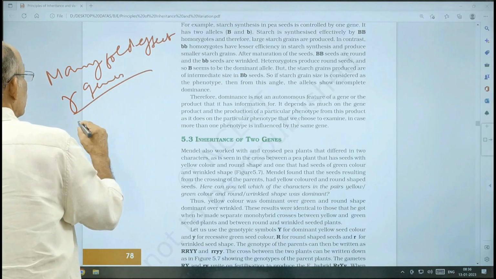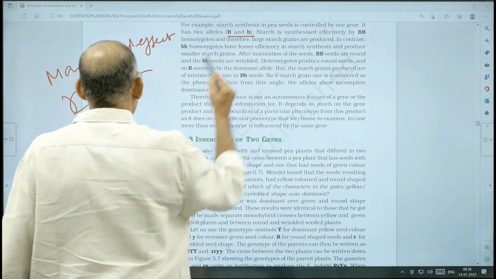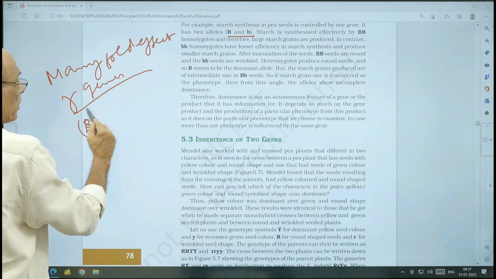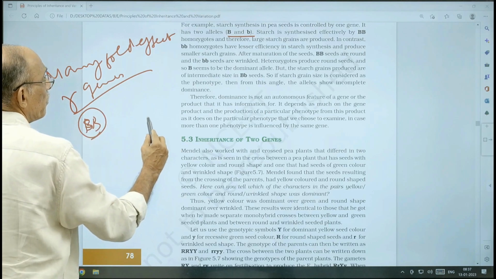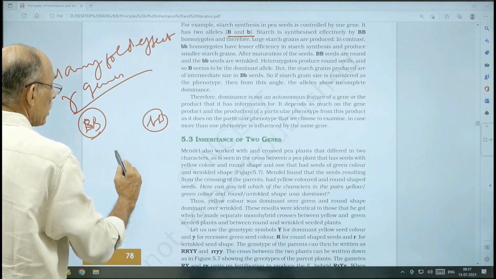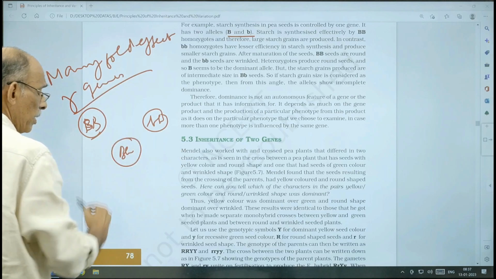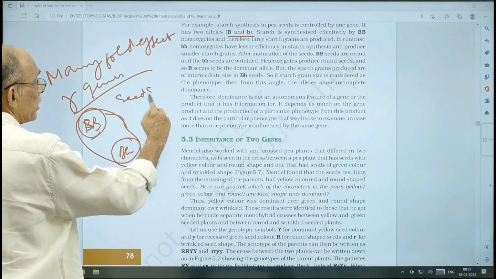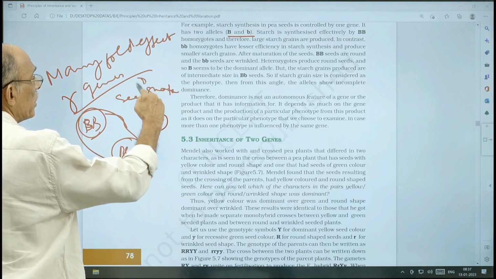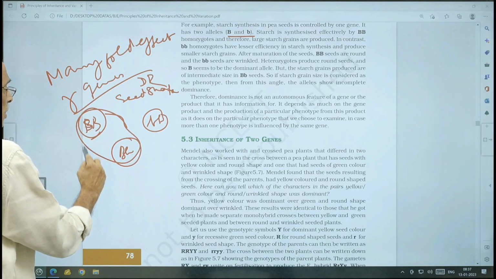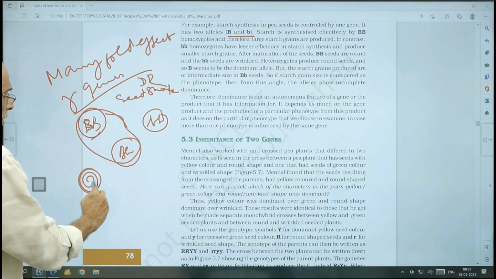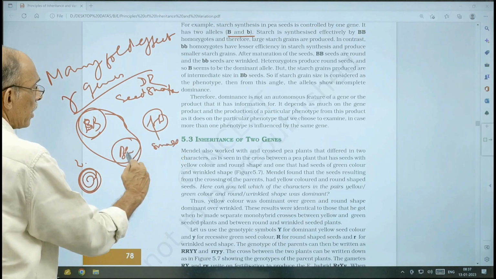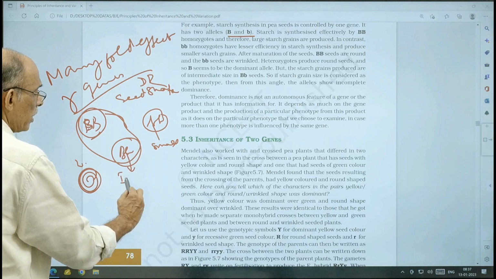And one beautiful example is starch synthesis in pea seeds. The seed shape can be capital B, round shape, small b, wrinkled shape, and heterozygous is round shape. So seed shape shows a dominant recessive condition, whereas for starch grain size, capital B shows large starch grains, small b shows small starch grains, and the heterozygous condition produces intermediate starch grains.